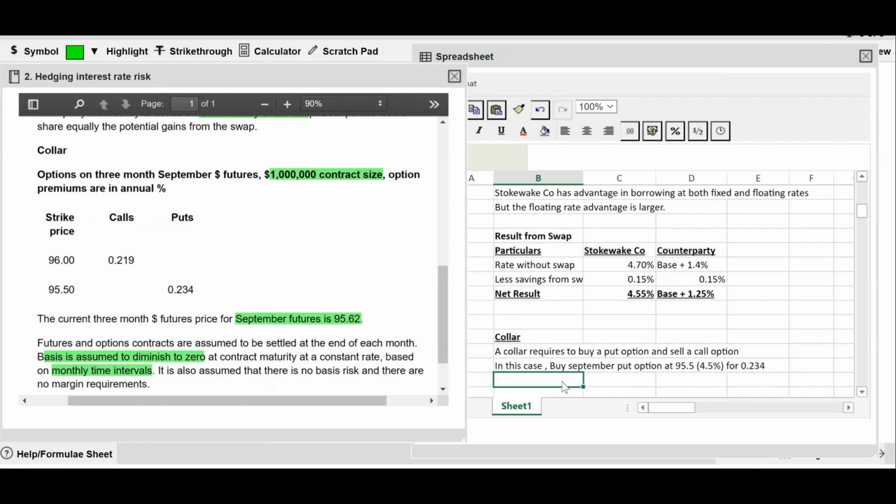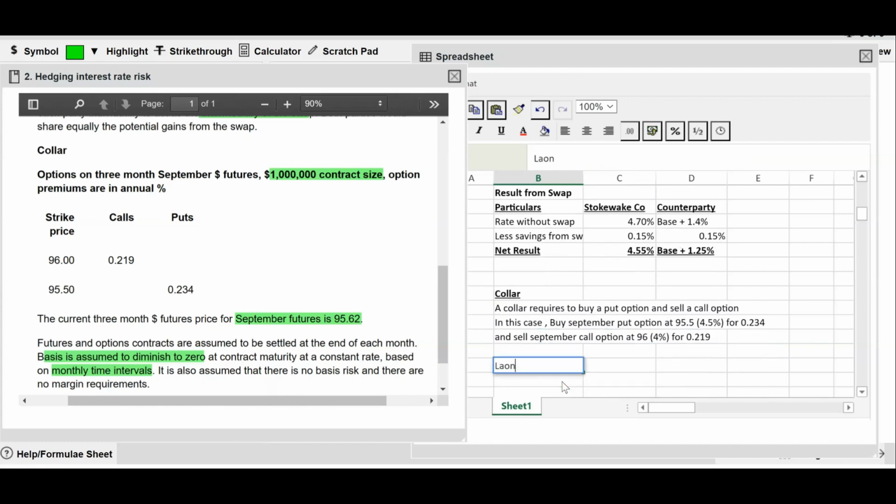That's nothing but the premium, considered in percentage. And we're going to sell the September call option at 96, that's going to be 4 percentage, for how much? 0.219.